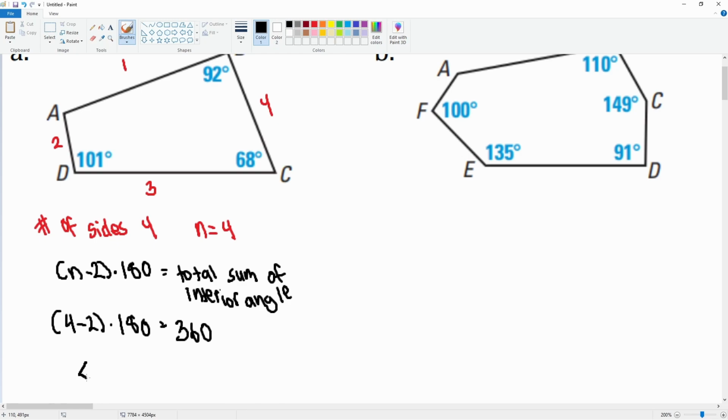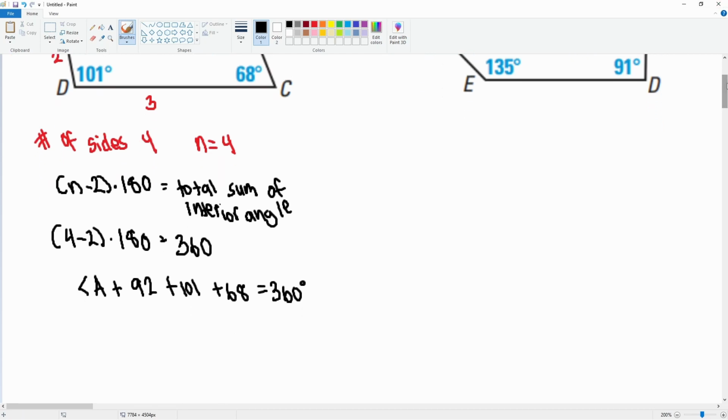So that means angle A plus 92 plus 101 plus 68 is going to be equal to 360 degrees. We simplify by combining the values on the left. That gets me angle A plus 261 degrees is equal to 360.